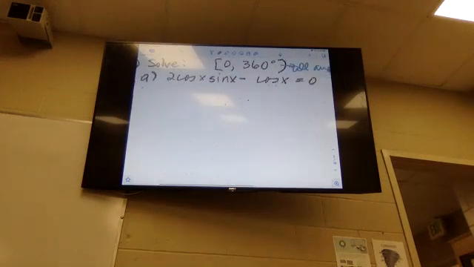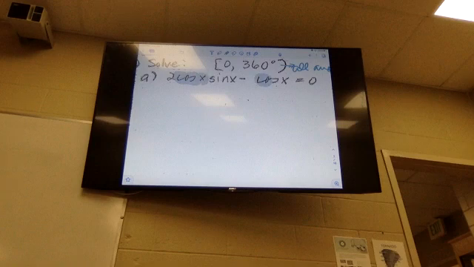This problem looks super confusing. I've got 2 cosine x sine x minus cosine x equals 0. However, if we treated this like an algebra problem, we're just going to find a common factor, and factor it out. So what's a common thing that you see in both of those pieces? Cosine. I've got cosine here.